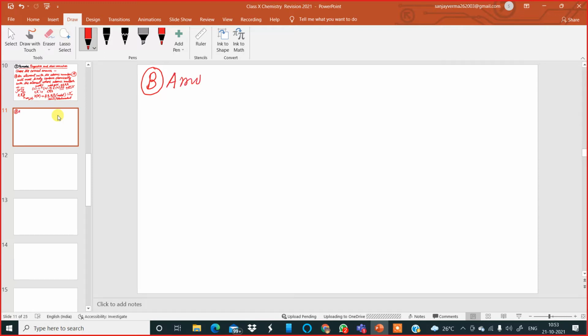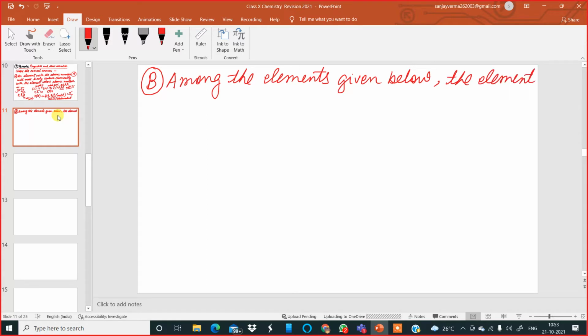The question is like this. Among the elements given below, the element with the least electronegativity is.